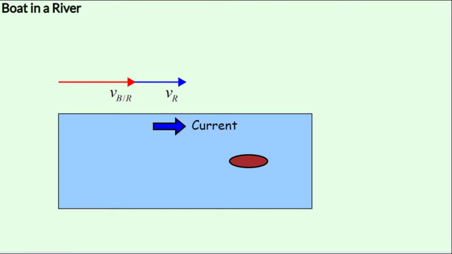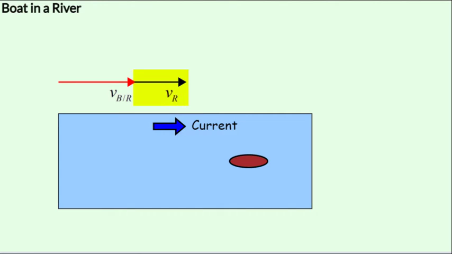We represent the velocities using vectors. The red arrow, VB with respect to R, is the velocity of the boat with respect to the river. So this represents the velocity of the boat with respect to a still river.